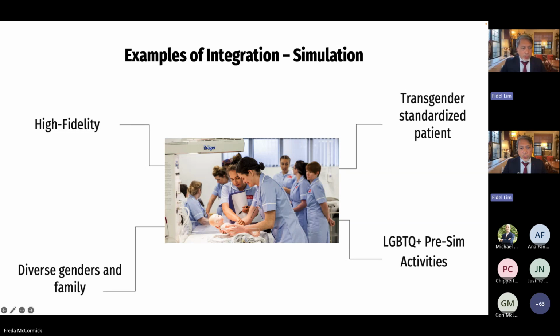We would create background information for a patient who may come from diverse family scenarios, so a patient with two moms or two dads, or a patient with a transgender parent, for example. I'm talking about putting the gender scenario not as the primary topic, but it's there to say that this is how diverse our patient population is.